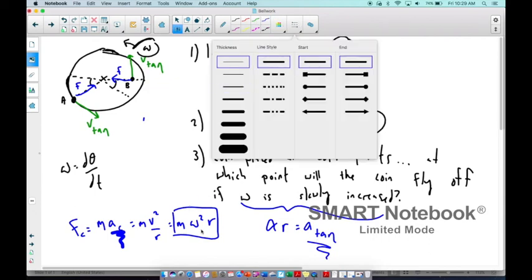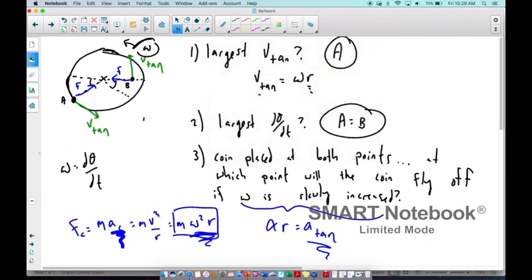This expression right here, omega squared r, is centripetal acceleration. Alpha r is tangential acceleration, where alpha is a change in omega. Okay, please, please, please keep that all straight. Anyway, we've talked about this a million times, but you can see that because A is farther away, for any given omega, it's going to require a larger centripetal force, just because the r is bigger.